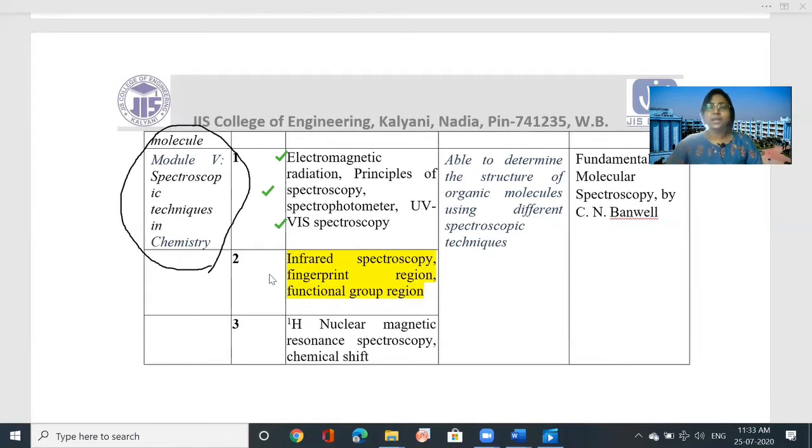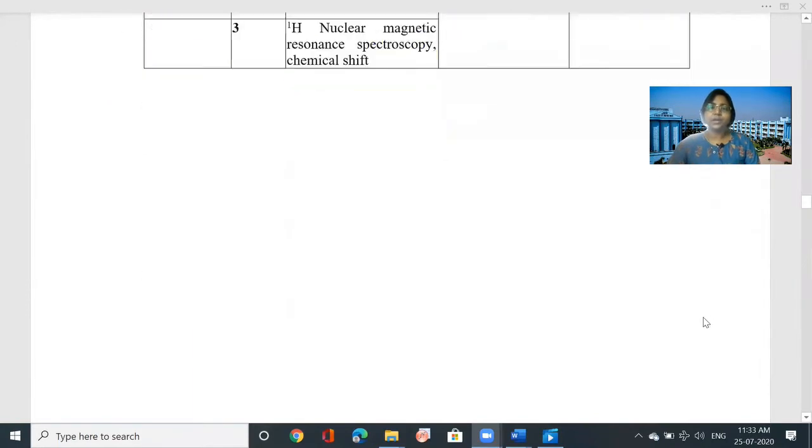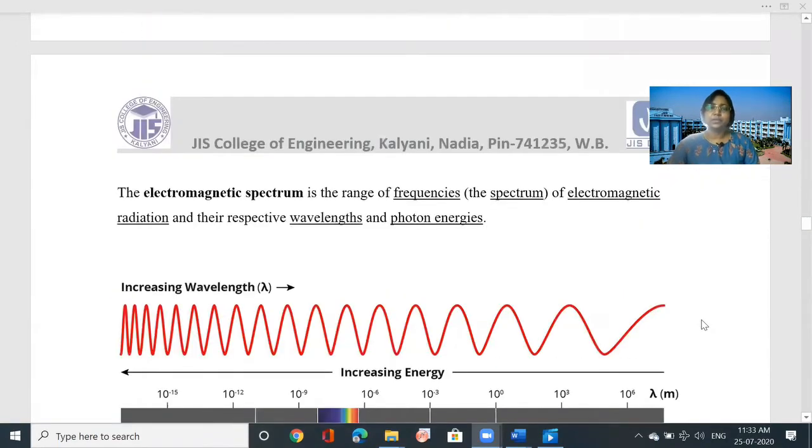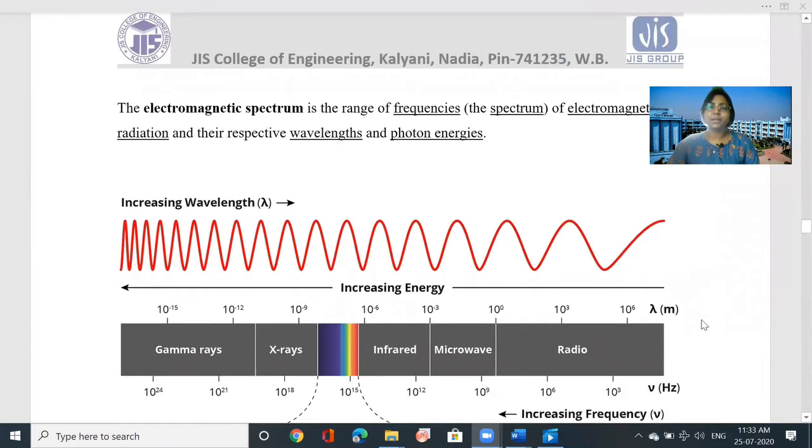In my second lecture, today I will discuss infrared spectroscopy, the fingerprint region and the functional group region. Okay, so let's go into infrared spectroscopy. First, you need to remember what you have learned, the electromagnetic spectrum. It is the range of frequencies in the spectrum of electromagnetic radiation.